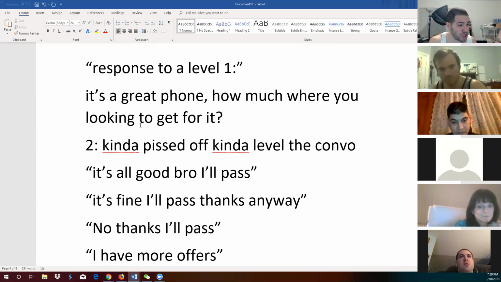Sometimes we have to first re-engage them and bring them back and get them interested in the conversation before we can effectively start to negotiate and make counteroffers. If they're really starting to leave it and they're a level 3, and you don't first bring them back in the conversation, you will 9 times out of 10 lose the deal, and you won't be able to effectively re-engage them and start to get them down in price.